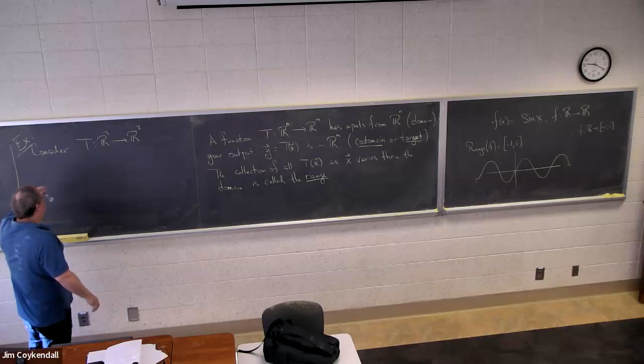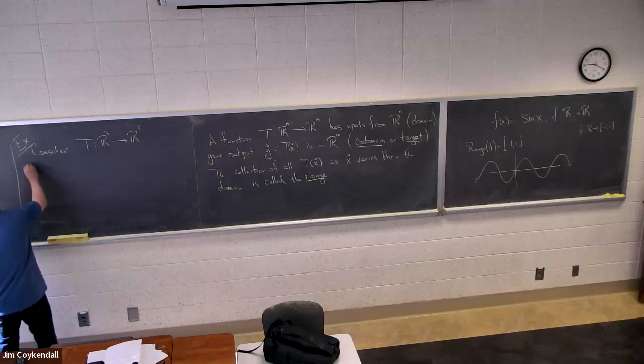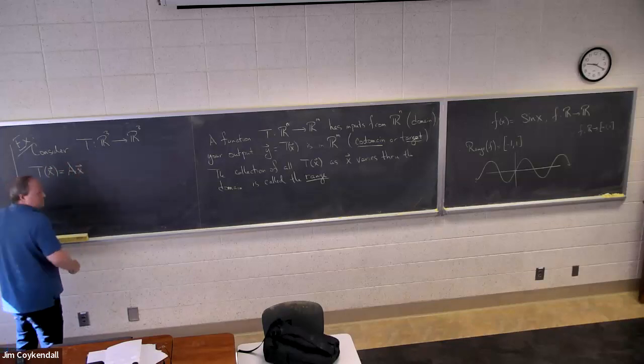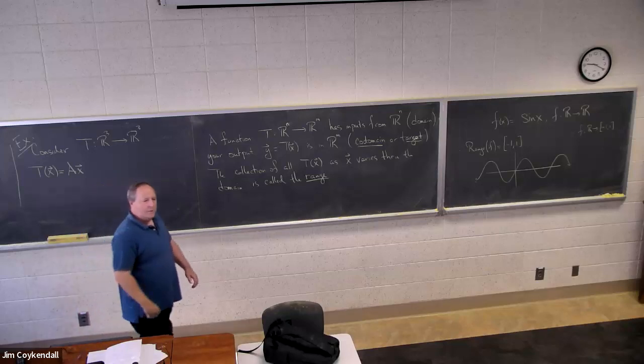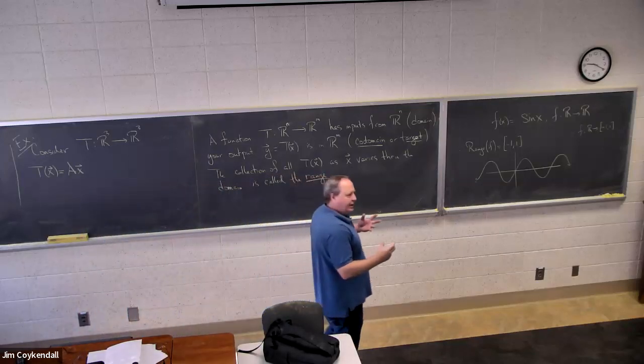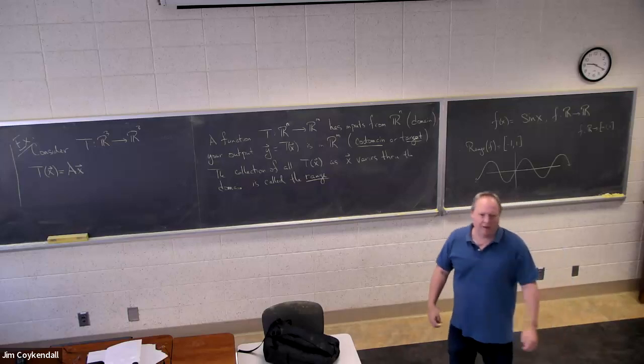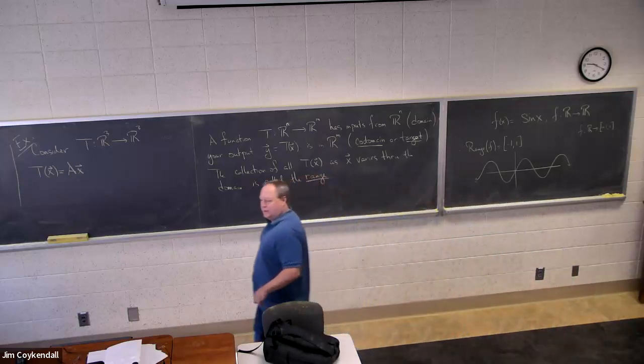The way I'm going to define this function is when I input the vector x, I'm going to multiply it by the matrix A. And I'm going to tell you what the matrix A is.